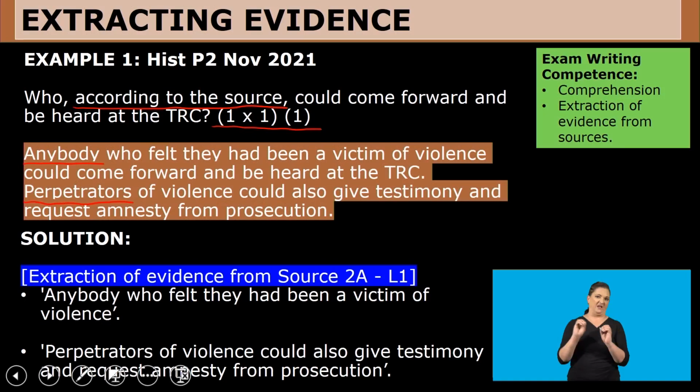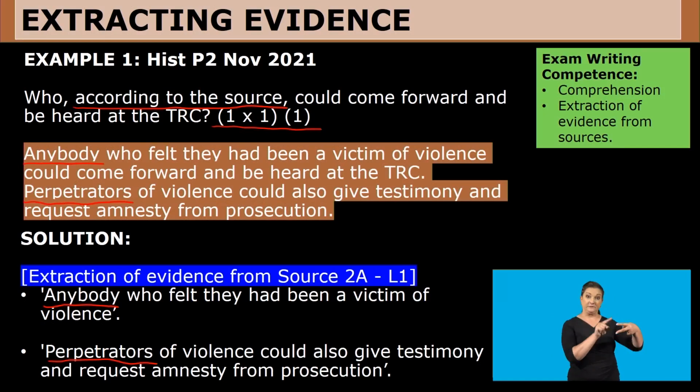Now you can see there, possible answers. It says anybody who felt they had been a victim of violence, and it says perpetrators of violence could also give testimony and request amnesty from prosecution. Now you can see that that is not in your own words, you are not using your own knowledge, but you are taking information directly from the source.